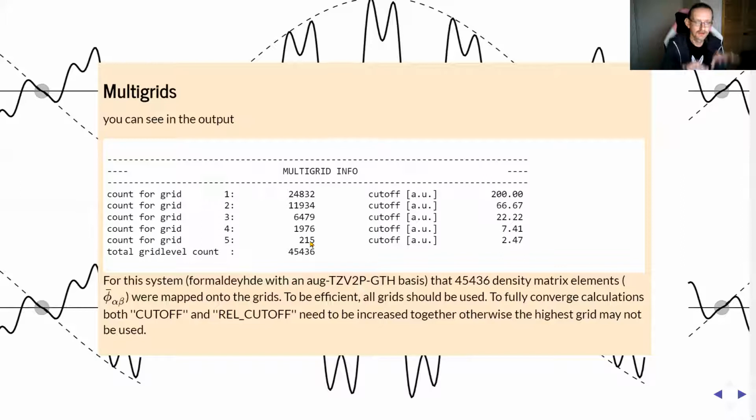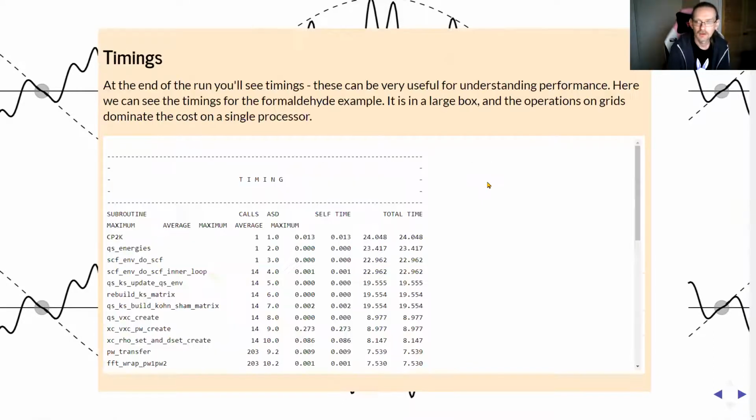So there's a little bit of tweaking, or you can just set this relative cutoff high and increase the plane wave cutoff. And it's important to make sure the cutoff is high enough: all these representations work as long as the plane wave basis set is good enough to represent the Gaussian density accurately. Time is flying.